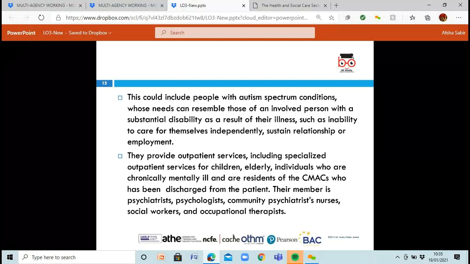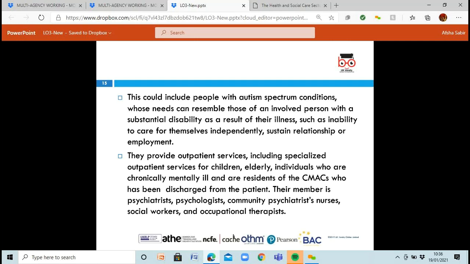So they've got substantial disabilities as a result of their illnesses. They're not able to care for themselves independently, and they can't either keep up a relationship or employment. So this is what the community health, mental health team try to focus on.